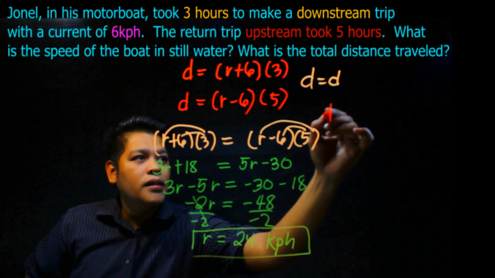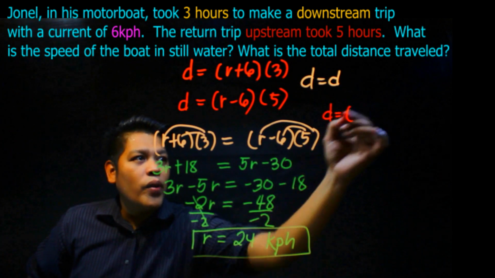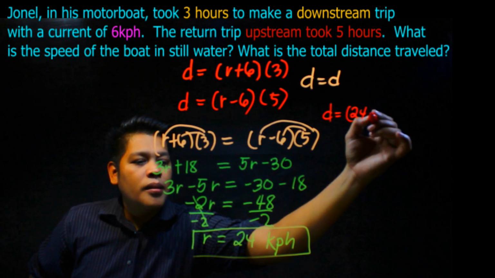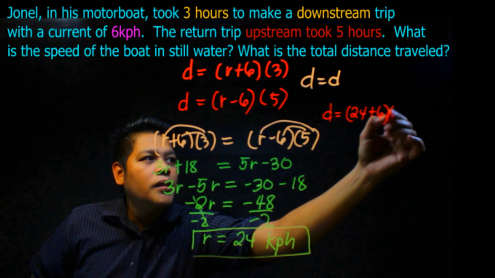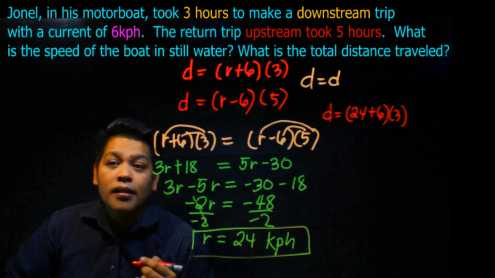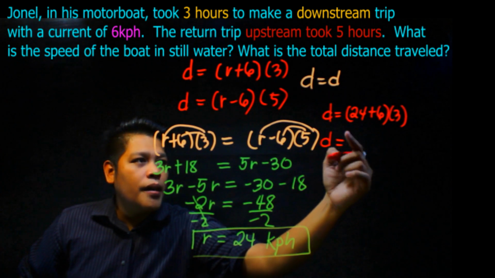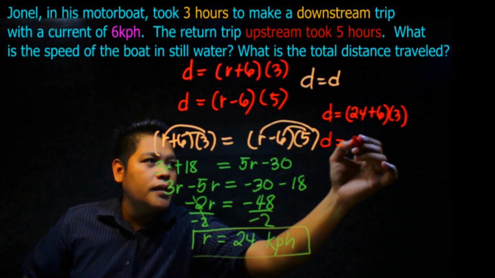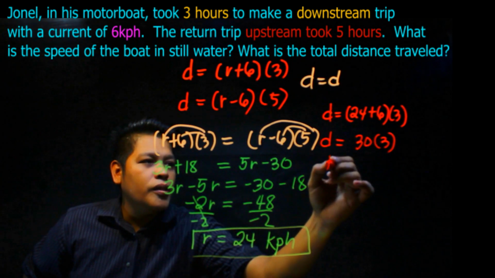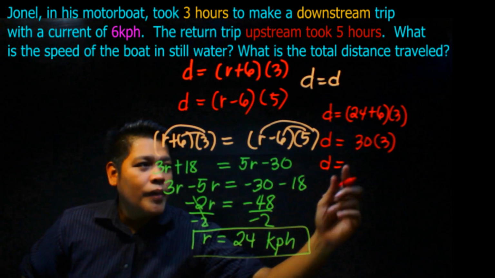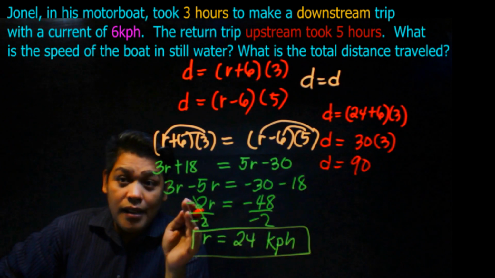Distance is R, which is, what is our R? 24 plus 6 times 3. So, distance becomes 24 plus 6 is 30 times 3. So, the distance downstream is 90.